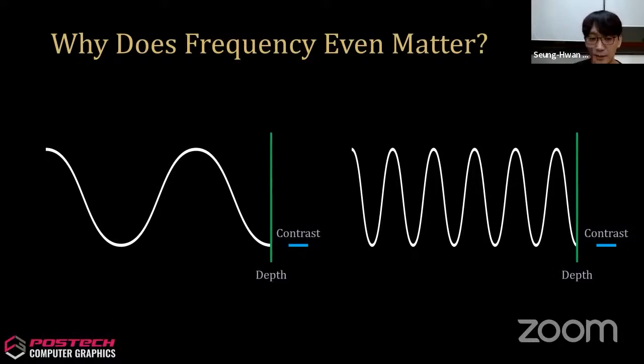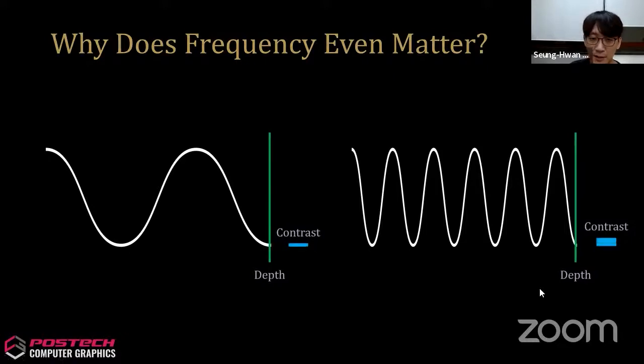On the left and the right, here are sinusoidally modulated illumination intensities with different modulation frequencies. On the left, we have a low modulation frequency. On the right, we have a high modulation frequency.